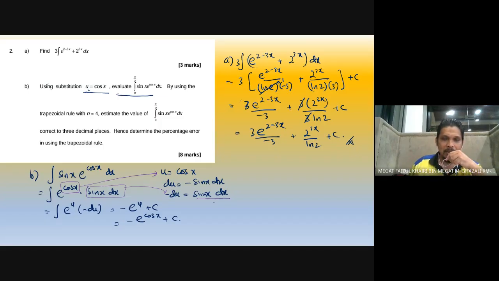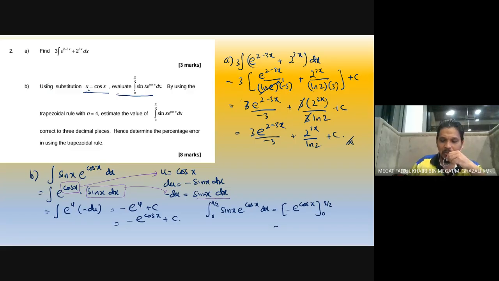So then, the integral from 0 until pi over 2 of sine x e power of cos x dx equals negative e^(cos x) from 0 until pi over 2.